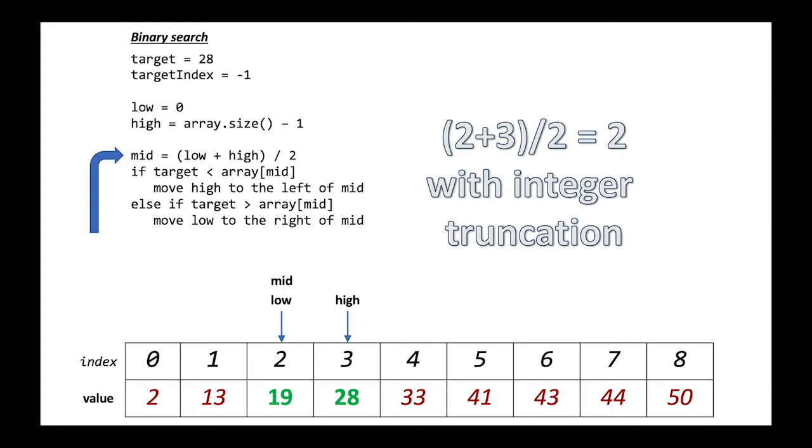Now again, we calculate the average of low and high, which in this case resolves to the index number 2. Now, it's fine for this to happen. It's fine for mid to assume the same value as low, because the algorithm is going to work the same.